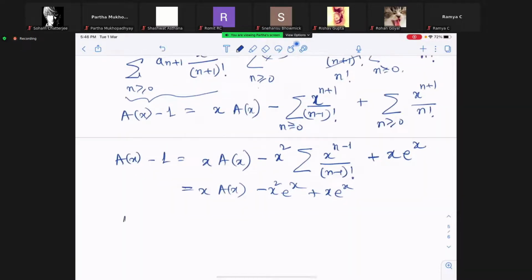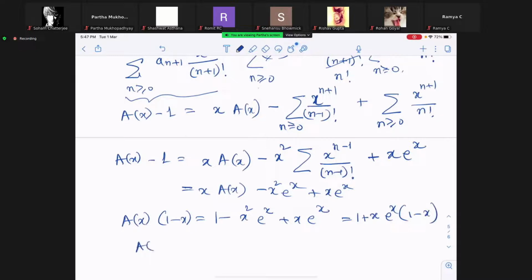So that means A(x) times 1 minus x is 1 minus x squared e^x plus x, which is like 1 minus x e^x (1 plus x), divided by 1 minus x. Let's now divide. Yeah, these calculations are sometimes tedious. Yes, we got some kind of closed form.